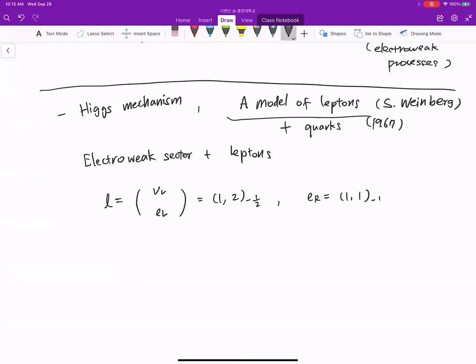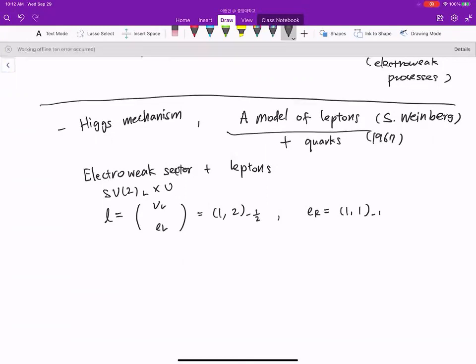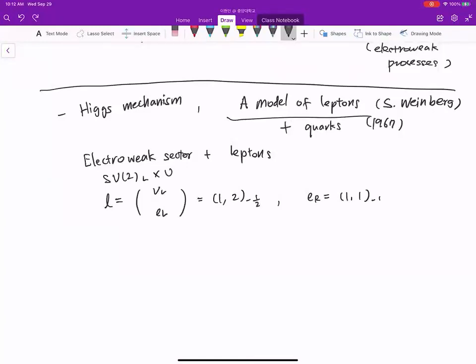So the electroweak sector gauge symmetry has this structure. As you know, the 3 stands for SU(3) color, 2 stands for SU(2) left-handed, and this subscript stands for hypercharge.